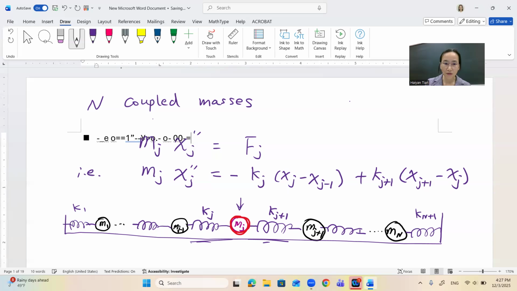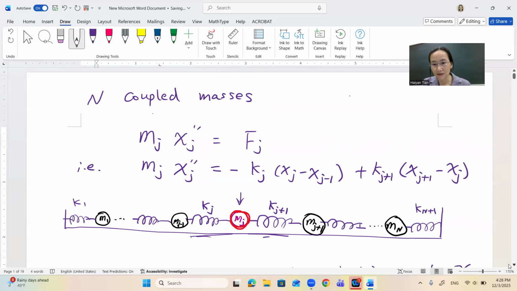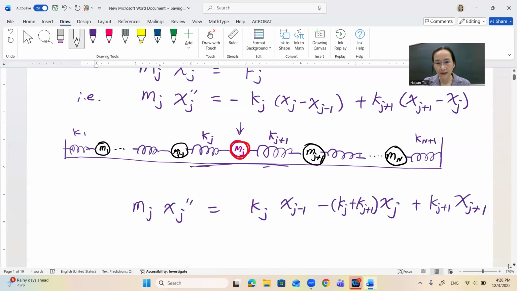That overall force equals mass times acceleration. So we have one equation for the jth body. And we have a total of n bodies, so for each body we have a second order equation. So we have a total of n second order equations for the n coupled masses.